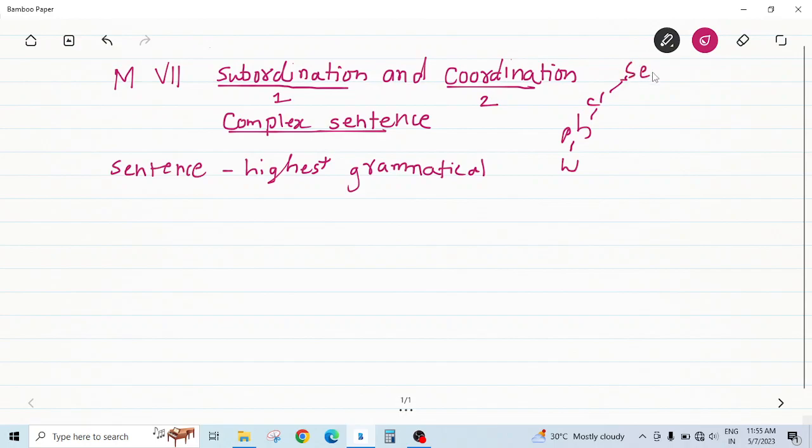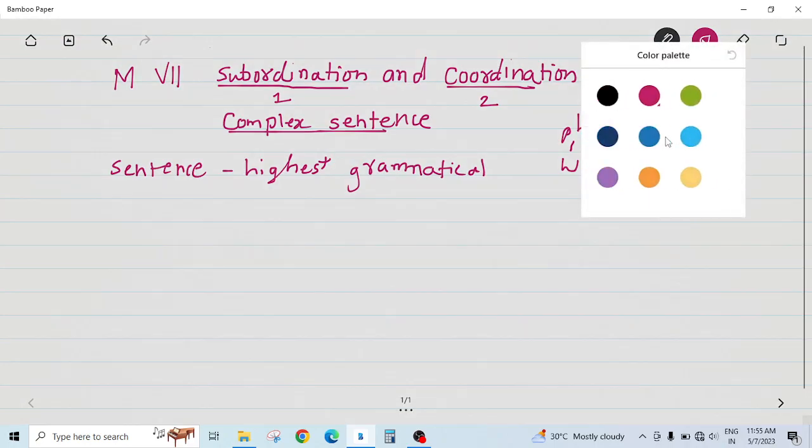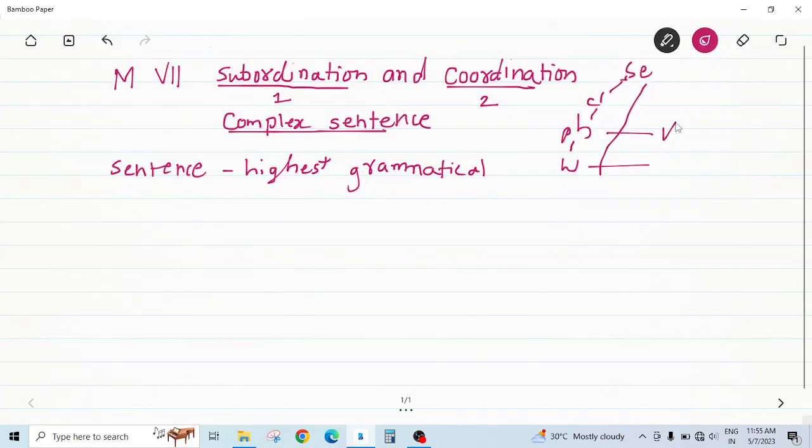So this is the hierarchy of grammatical units. I have already talked about all those things. The topic related with the word is covered in earlier modules, the phrase in module number 6, clause in module number 5 and 6, and sentence is 7.